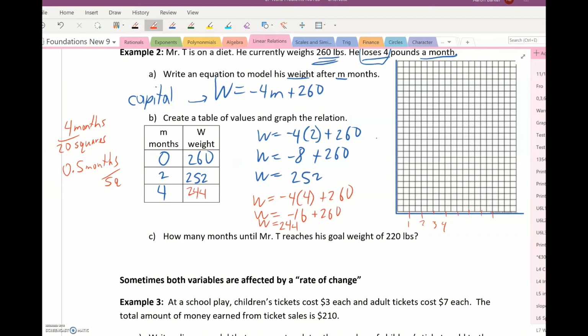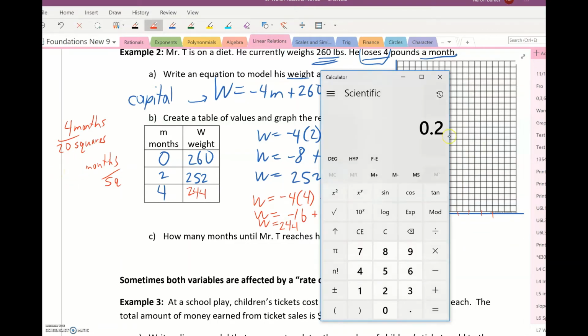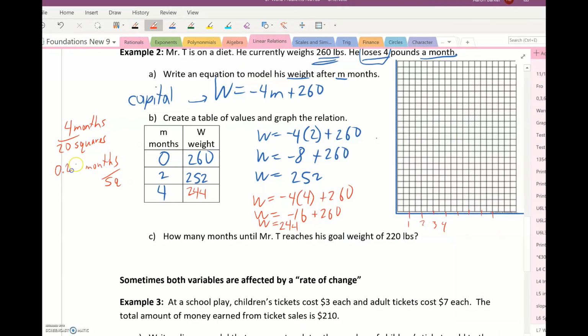Okay, so now I'm looking at this, I'm thinking, we're going to have our entire graph on less than half of the grid. Well, that doesn't make sense. It's going to be a really squashed in graph. So obviously 0.5 months is not going to be a good scale. When I did this, I got 0.2. So let's round up to 0.25. So each square represents a quarter of a month. That will spread things out.